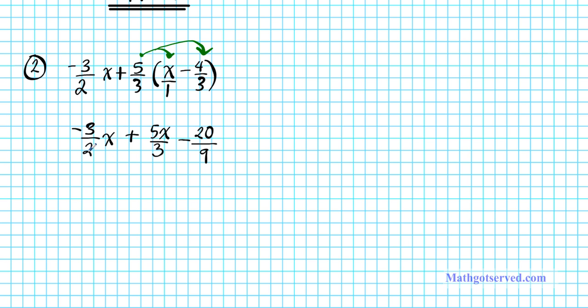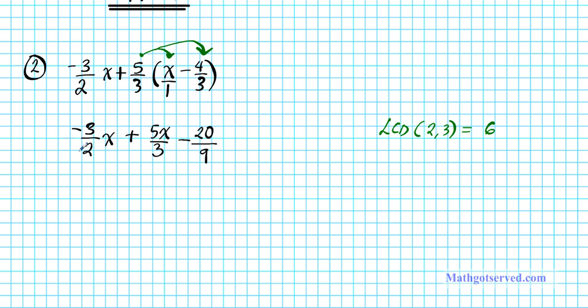You notice that their denominators are different. So in order to combine them, we need to find the LCD of 2 and 3. The smallest number that these two go into evenly is 6. 2 goes into 6 3 times, and 3 goes into 6 twice. Okay? So our goal is to make the denominators 6.